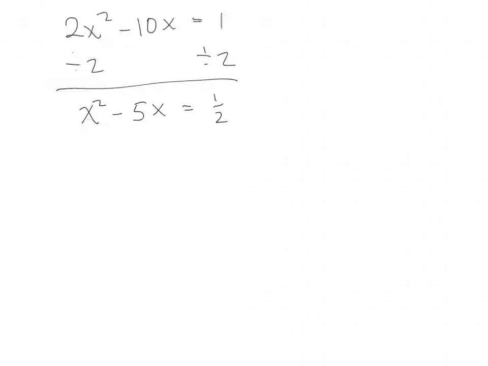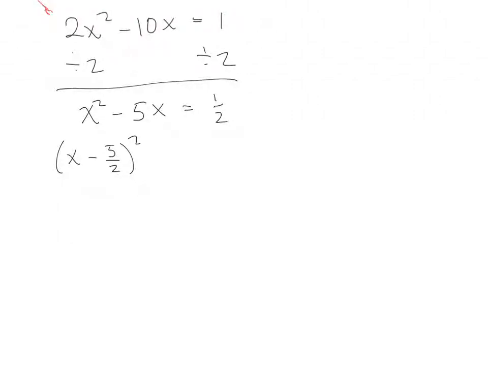What we want is, of course, half of 5 as our second term in the binomial. So that means it's going to be 5 halves. Okay, and we're going to square that, which means when we get the last term, it's going to be the square of 5 halves.